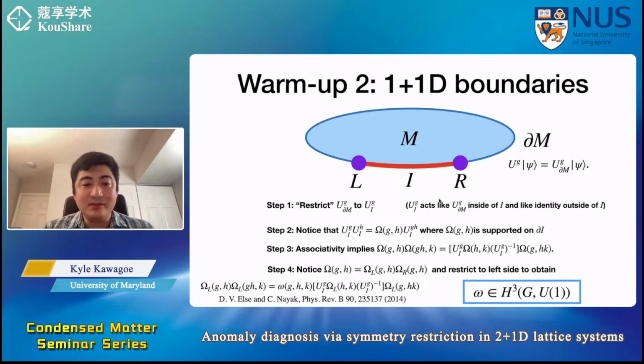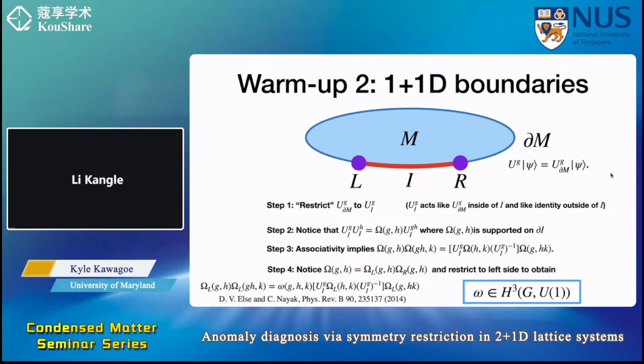Now, that means that when you multiply UG times UH, and then multiply that by UGH inverse on the right, that operator acts exactly like the identity outside here. And you can show that it must act as the identity, that is, by conjugating any operator, it will conjugate like the identity inside of here. The only operators which are unitary and have this property are supported just on L and just on R. Okay, I see. Thanks. Yeah, certainly.